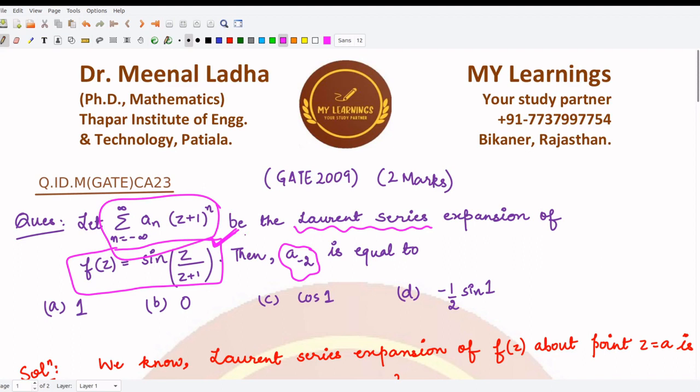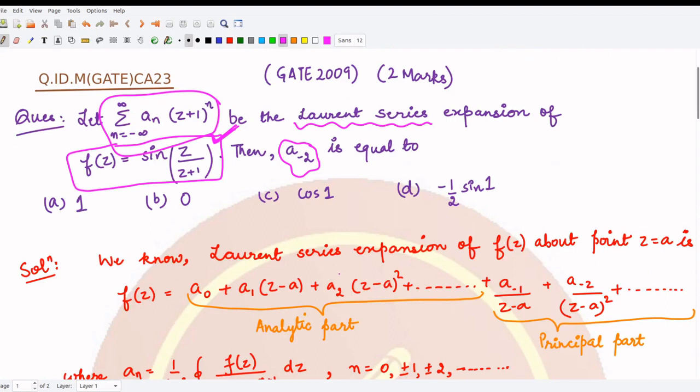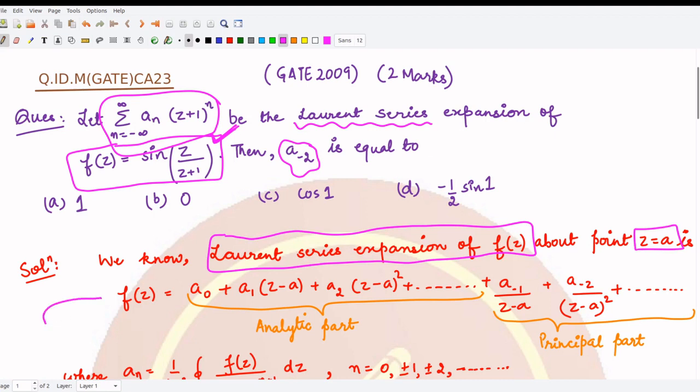So in order to recall what we have studied about Laurent series, let's have a look here. The Laurent series expansion of any complex function f(z) about some point z equal to a is given by this expansion.